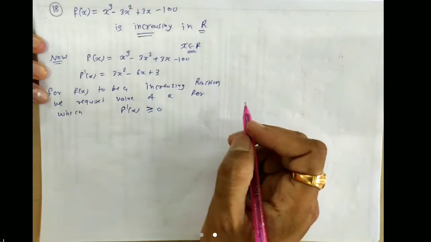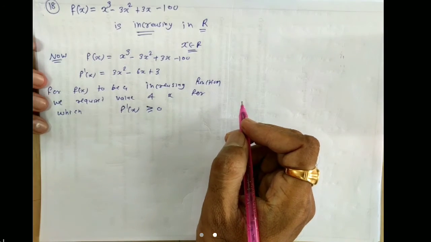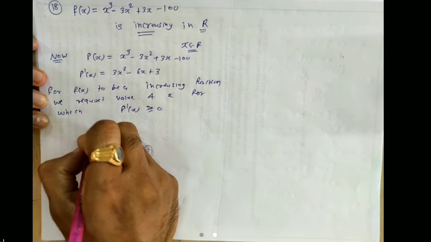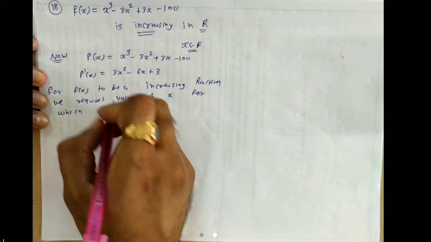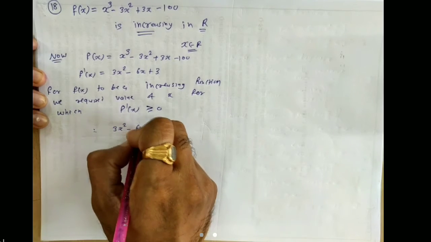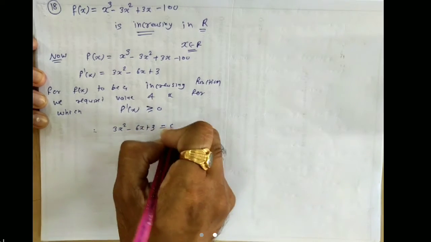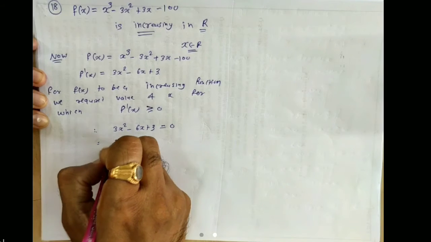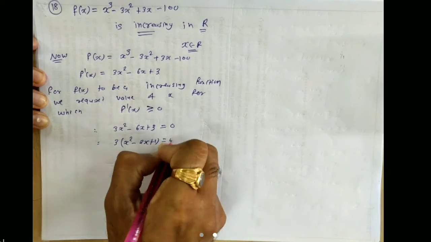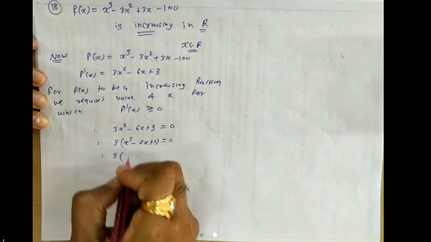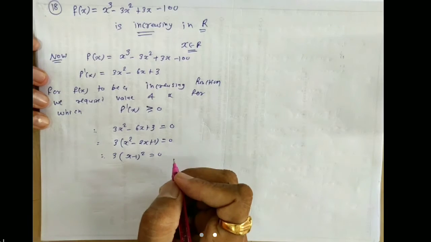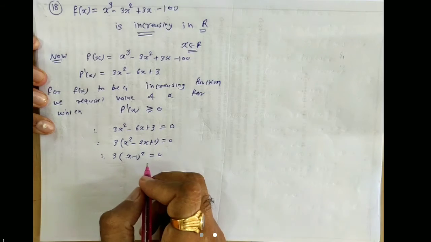Here the word strictly is not used. So you have to find f dash x greater than or equal to 0. So therefore we take f dash x, which is 3x square minus 6x plus 3. Now taking 3 common, it's x square minus 2x plus 1. So it's 3 into x minus 1 whole square. This is our f dash x.